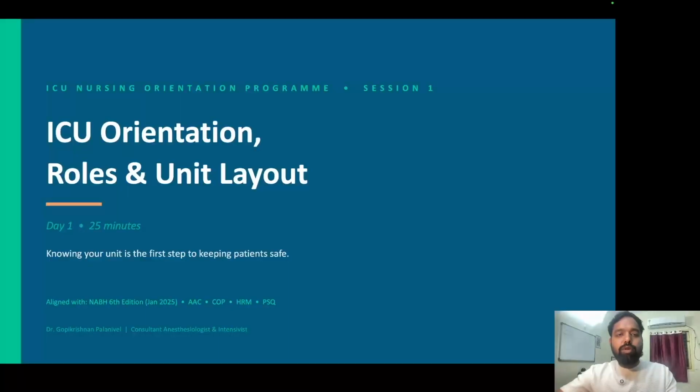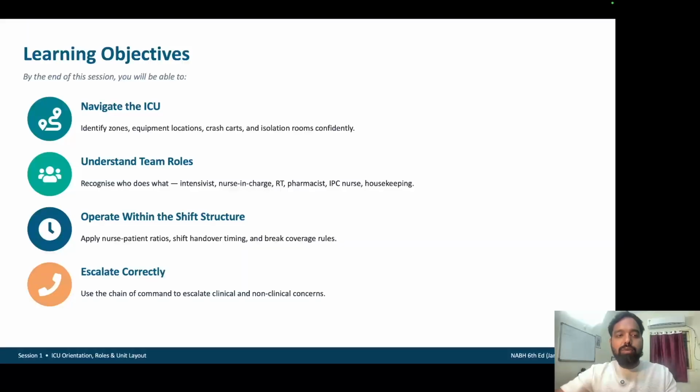As a part of this orientation program, this is session 1, ICU orientation, roles and responsibilities, and understanding the unit layout. The learning objectives of this session are navigating through your ICUs, identification of zones and equipment and their exact location, and thoroughly understanding the utilization of crash carts and isolation rooms in a confident manner, and understanding team roles.